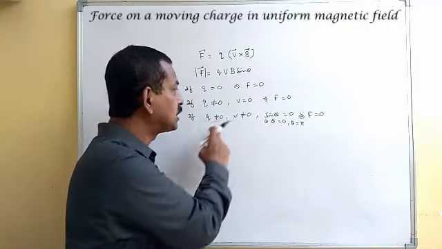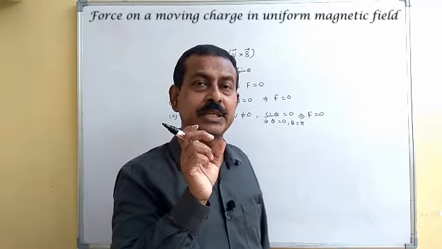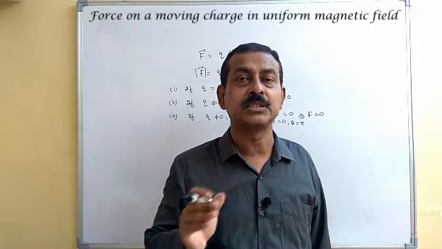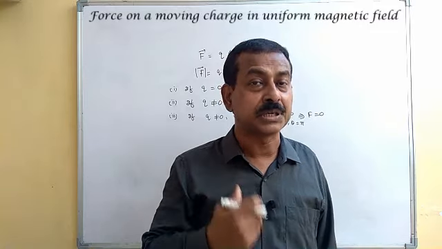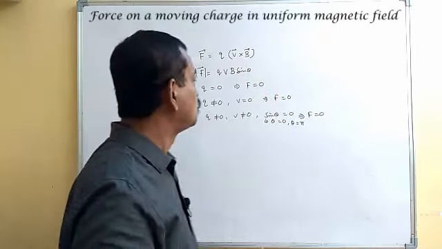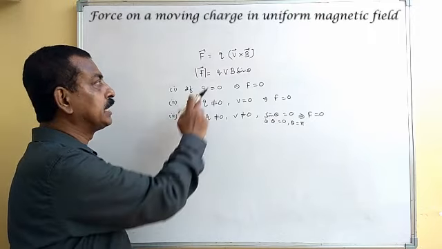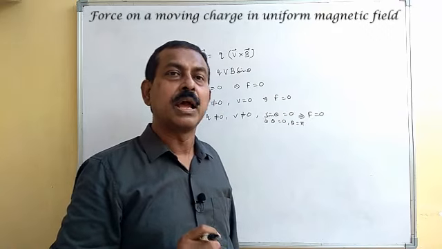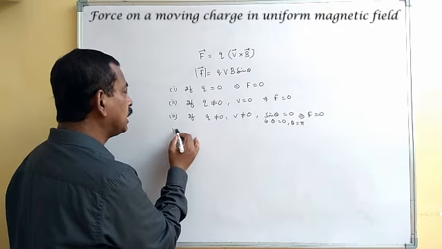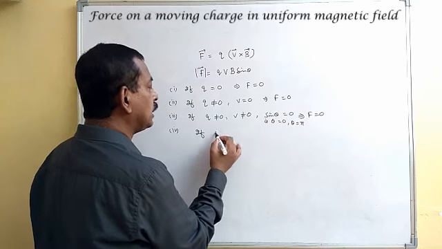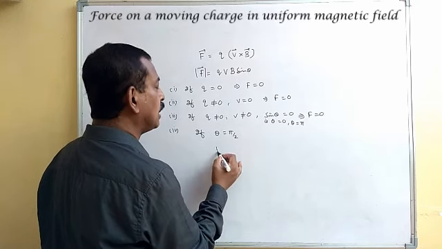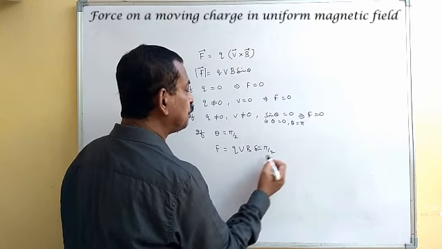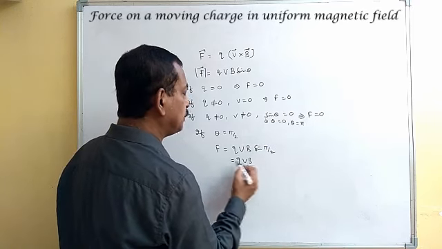So these are certain cases. If any statement is given, just read the statement carefully before you answer for any conceptual or objective type questions. These are the different cases we get using the formula F equals QVB sine theta. And of course, if theta is pi by 2, then F equals QVB sine pi by 2, and that is QVB.